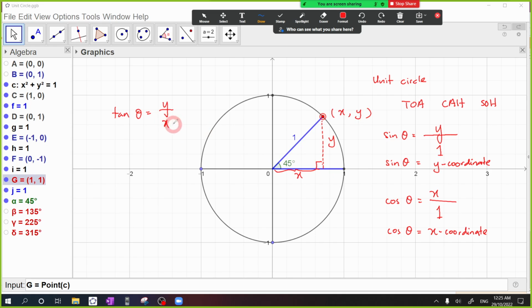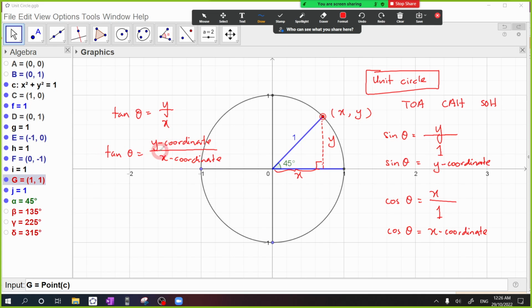So from here, we can make a conclusion that tangent theta is equal to the y coordinate divided by the x coordinate. Okay, so remember, if you have a unit circle and you want to determine sine theta, we take the y coordinate. Cosine theta, x coordinate. Tangent theta, y coordinate divided by x coordinate.